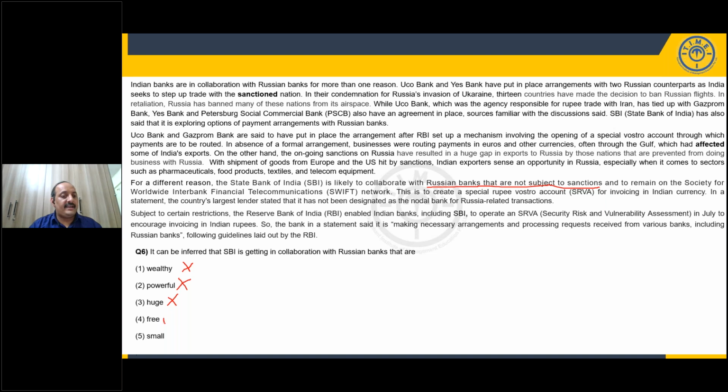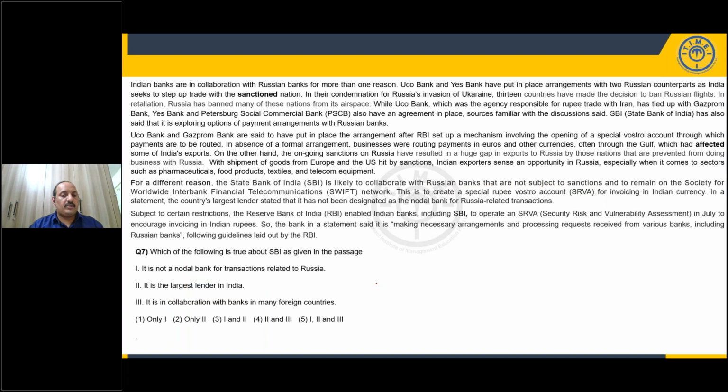They are not controlled by a sanction. They are collaborating with those kind of banks that are not controlled by the sanction, that are free to transact. So my answer would be option number 4. It can be inferred that SBI is getting in collaboration with the Russian banks that are free, that are not under any sanctions. Therefore, they are free to do business. Option number 4.